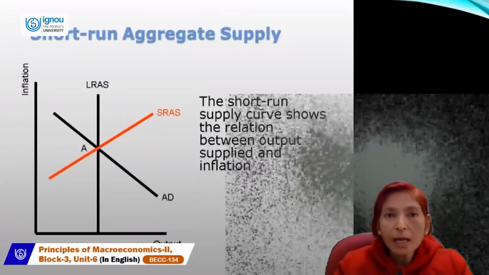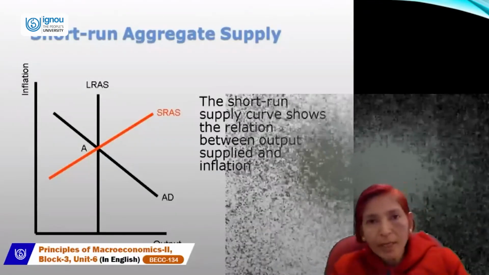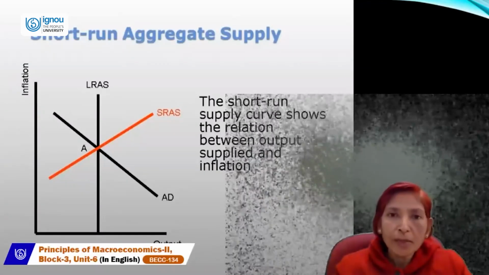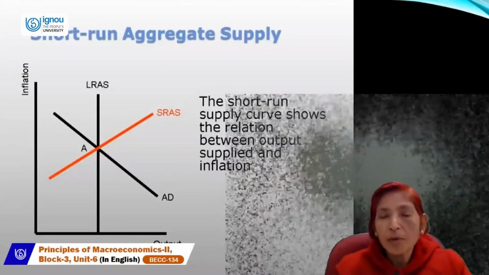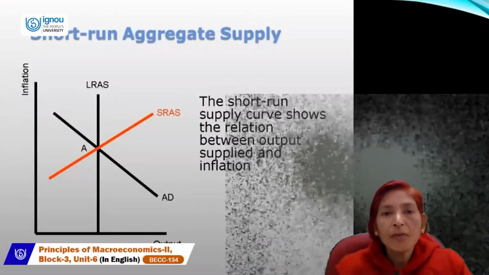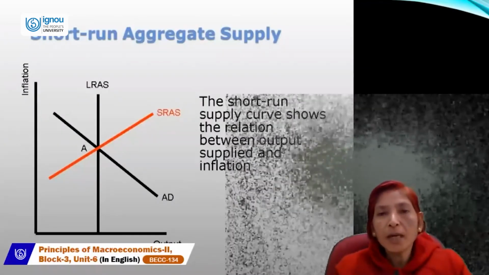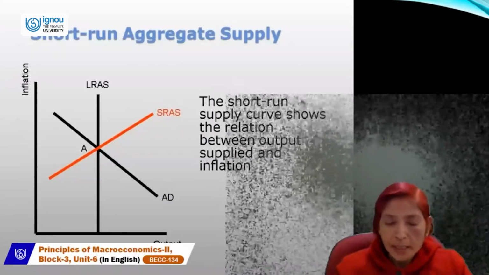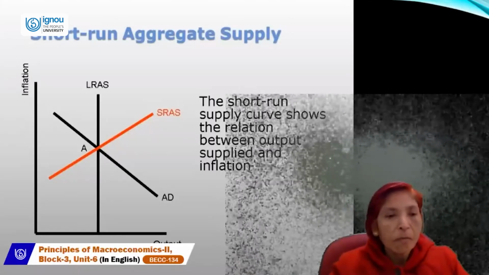That's why the LRAS curve is always a vertical curve, parallel to the y-axis, which shows that we have achieved the full employment level, and at this full employment level nothing can increase: employment can't increase, income can't increase, and level of output can't increase. Only due to an increase in demand, only price will rise, nothing else will rise. That's why LRAS is always a vertical curve.